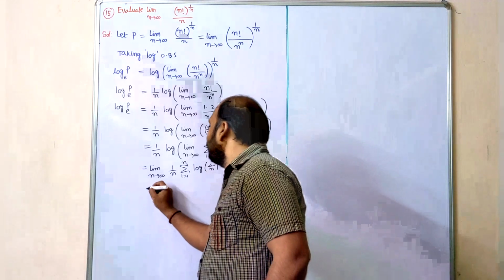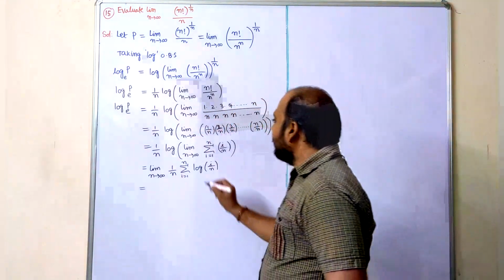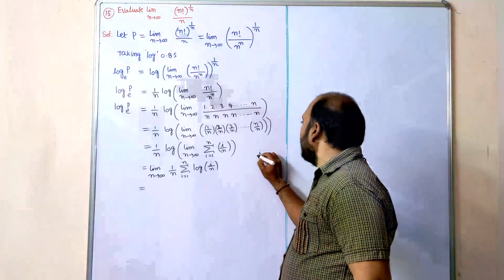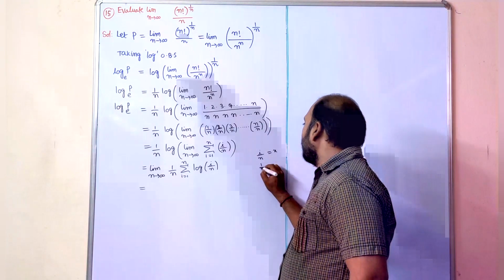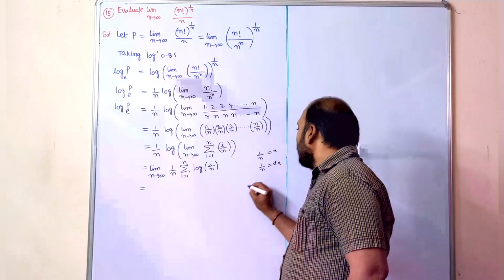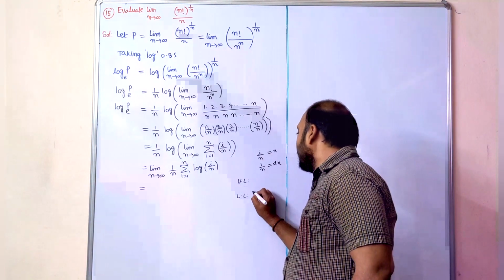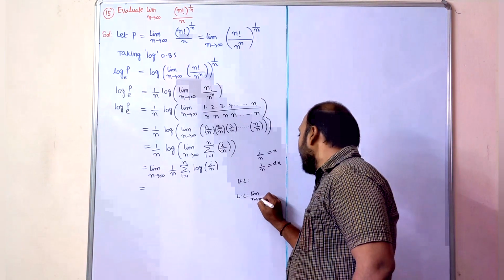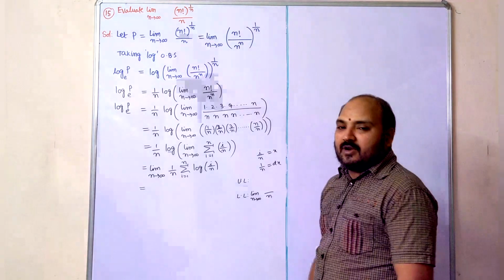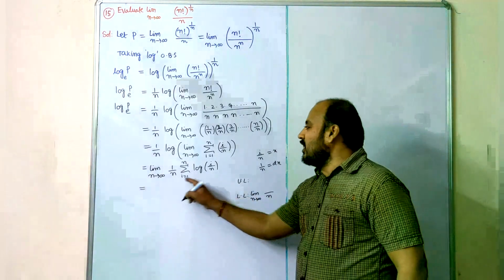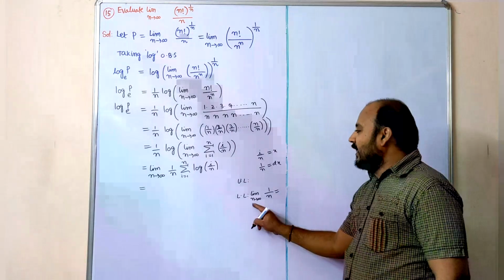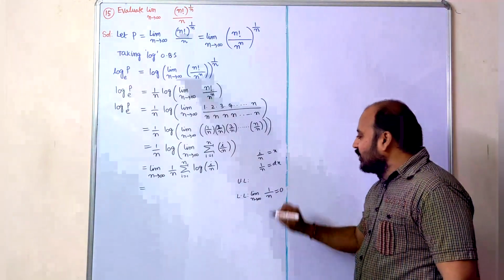So now, wherever i by n is there, what you have to write? i by n is equal to x, 1 by n is equal to dx. Find out the upper limit and lower limit. First lower limit: limit n tends to infinity. Total number of divisions are n. Initial value of i is 1, so limit n tends to infinity, 1 by n goes to be 0.